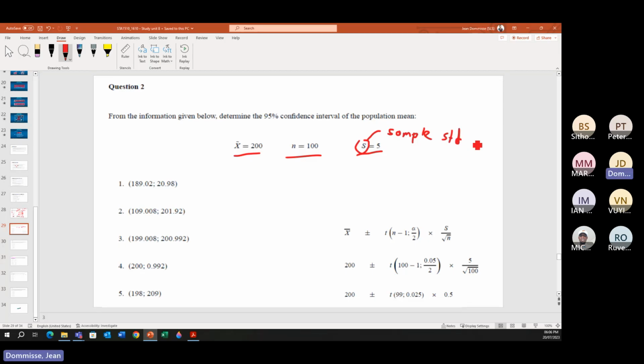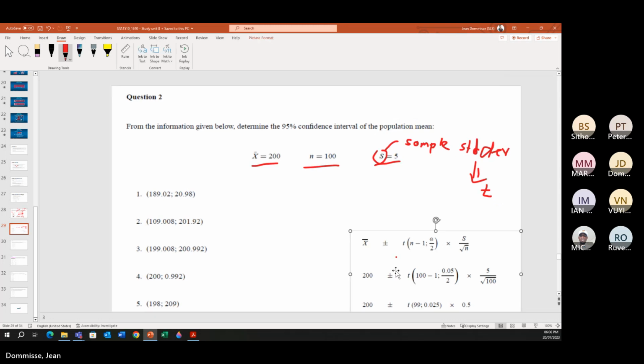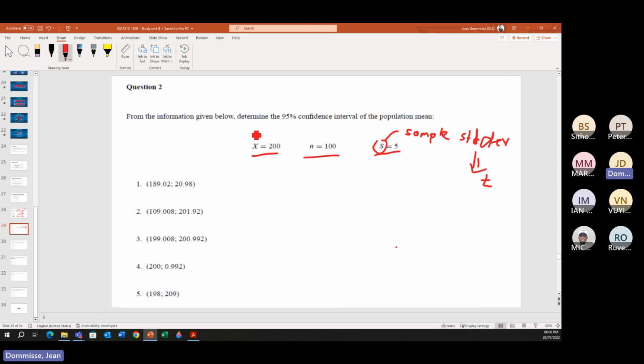With the sample standard deviation, we work with a T. Okay, so work with a T.